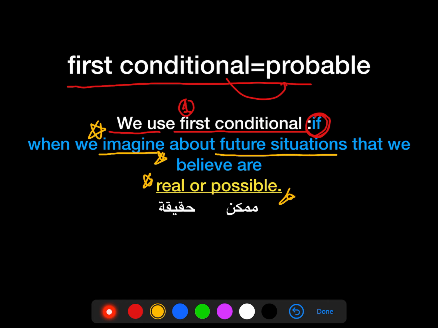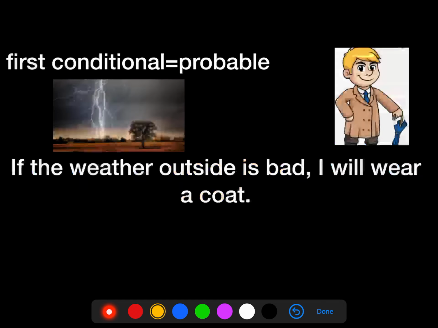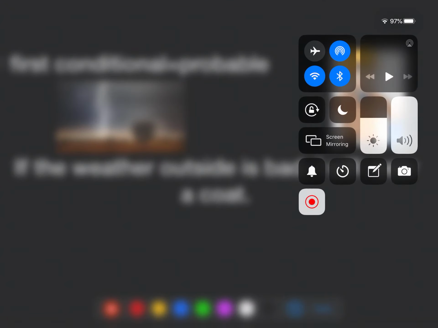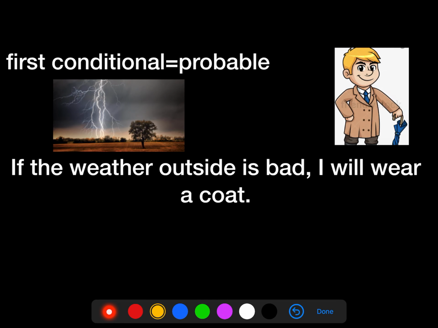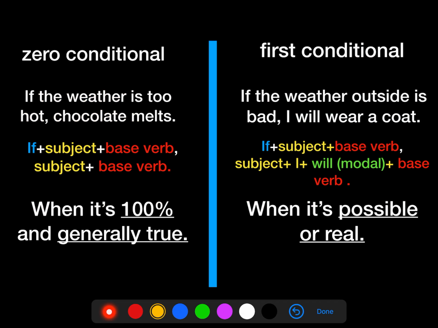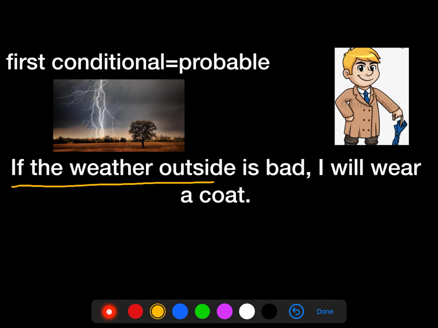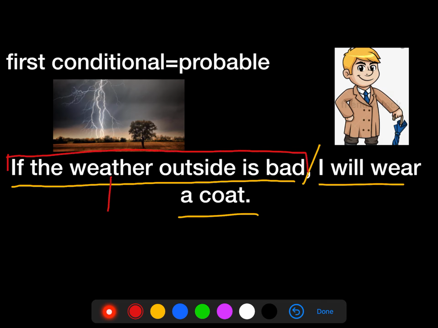So let's have a look at this example. I'll read it for you guys. If the weather outside is bad, I will wear a coat. One more time. If the weather outside is bad, I will wear a coat. This thing might happen. So we put a condition in here.